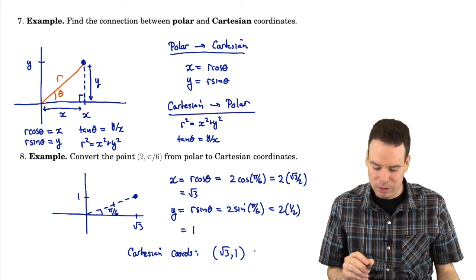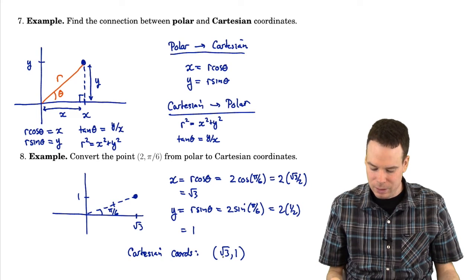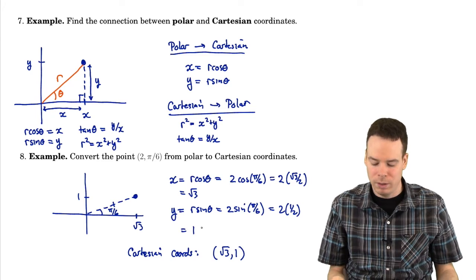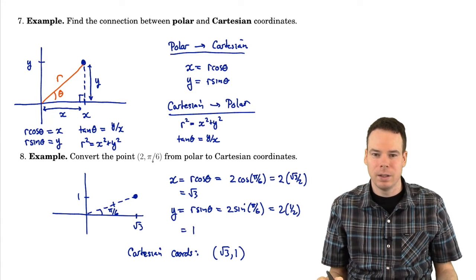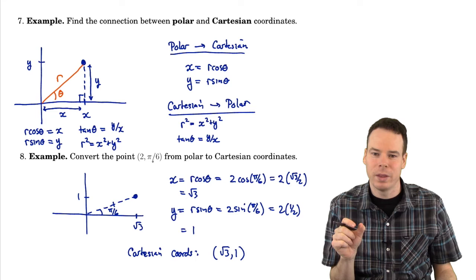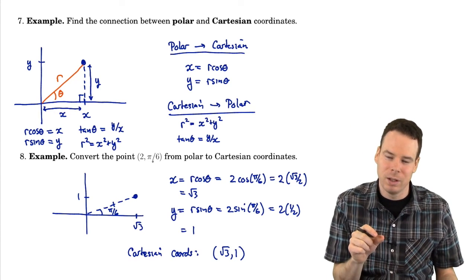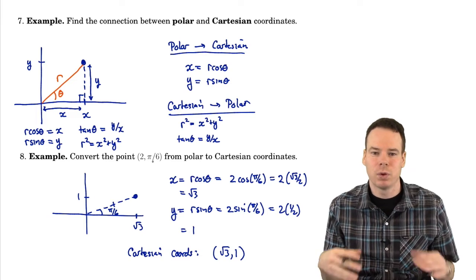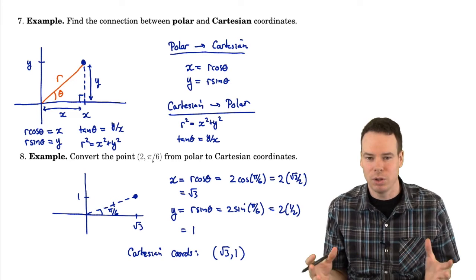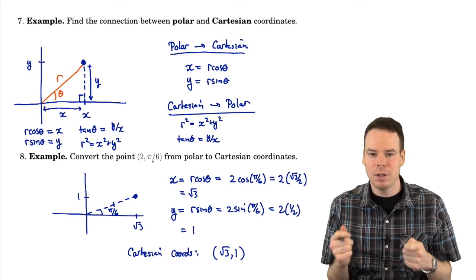So one thing you should notice here is that when I just write an ordered pair like (root 3, 1) or (2, pi by 6), it's not clear just from that alone whether it's the Cartesian coordinates or the polar coordinates of the point. Before, we didn't have to clarify because we were only working in one coordinate system, the Cartesian coordinate system. But now we've got these two different coordinate systems.